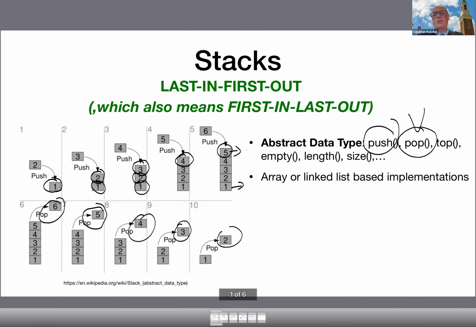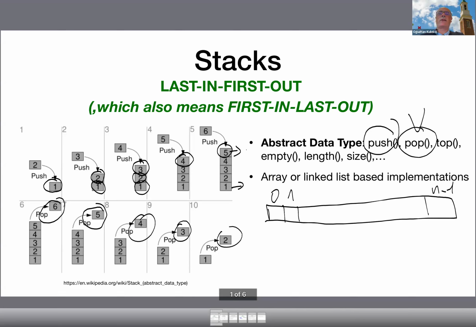For the implementation, mostly stacks are implemented with an array. So this is a simple array, and let me use zero-based indexing. I have an array of size n. Whenever I would like to push something into this array, I will write it to the last available position.